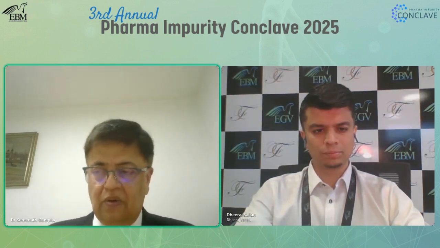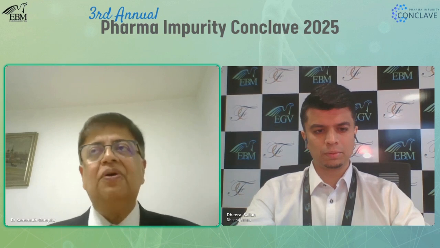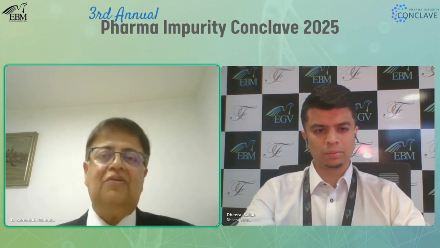It is a mutual discussion between the purchaser's process and the vendor's process capability and the regulatory guidance. You have to make a balance, or a trade-off, between these two. I will say that is the right word.